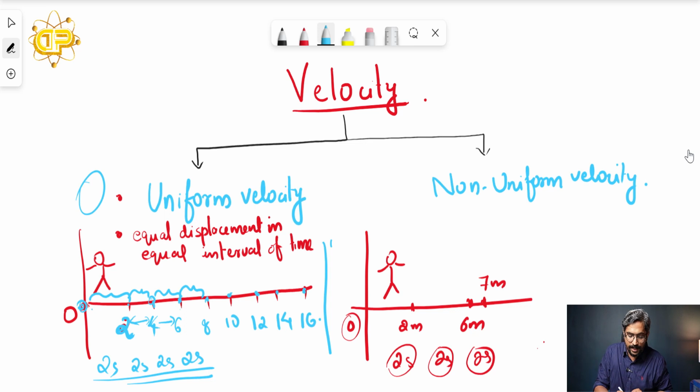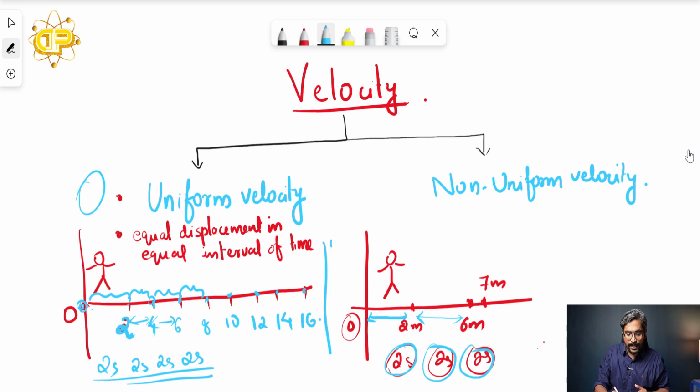Whereas here, in the first interval, the change in position is what? 2, because the man changed his position from 0 to 2, that is 2 minus 0, that is 2. In the second interval, the man had covered from 2 to 6. 2 to 6 means he had covered 4 meters. The difference is 4 meters. You should take the difference because it is a change in position.